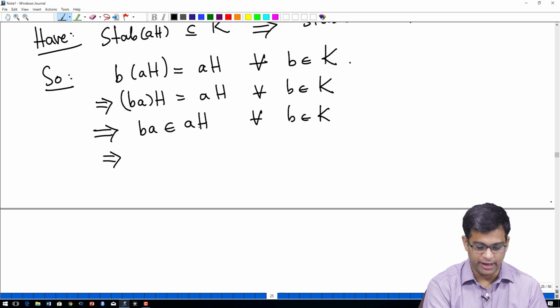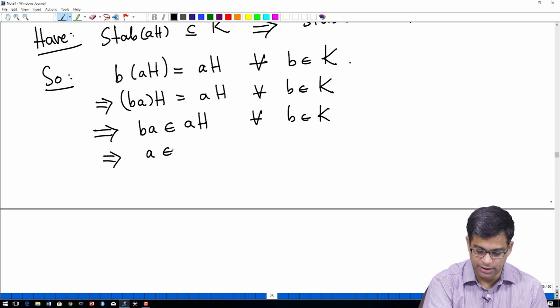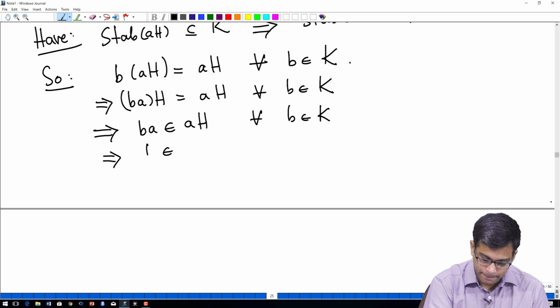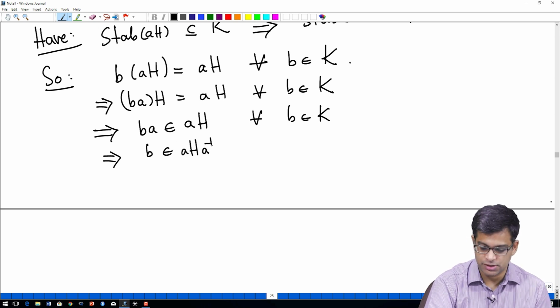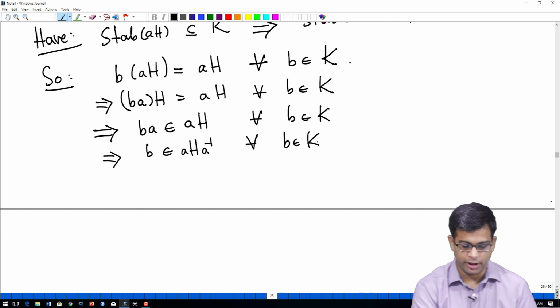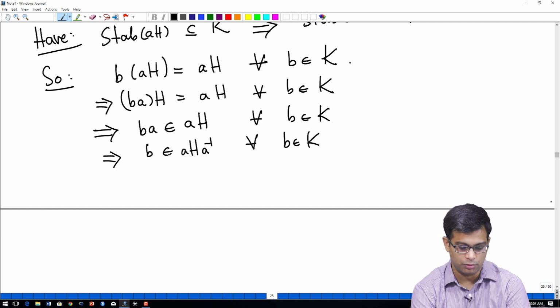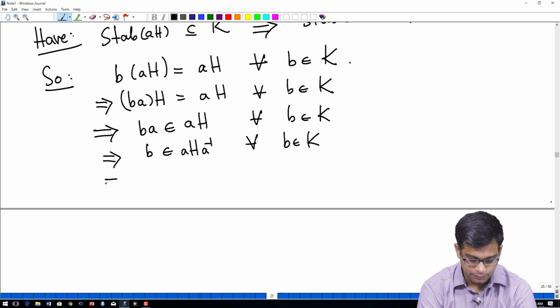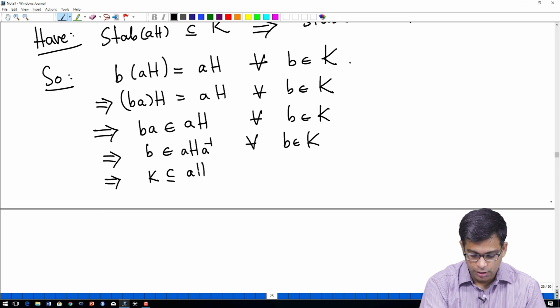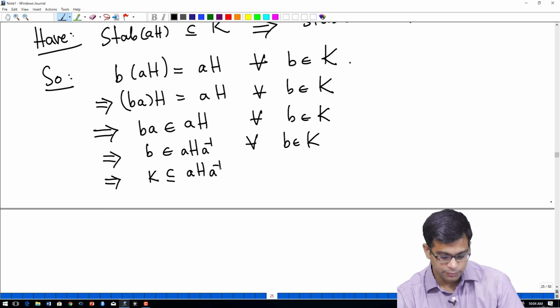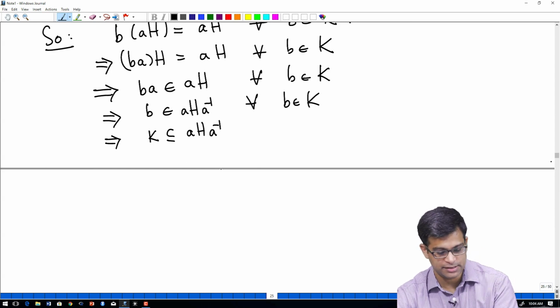So, ba is in aH, that means b is in aHa^{-1} for all b in K, because small b times small a is equal to small a times small h. I can now multiply by a inverse on the right for both sides to get b is equal to a h a^{-1}. So, b is in aHa^{-1}. This is true for every b in K, that means K is a subset of aHa^{-1}, because every small b in capital K is in aHa^{-1}.